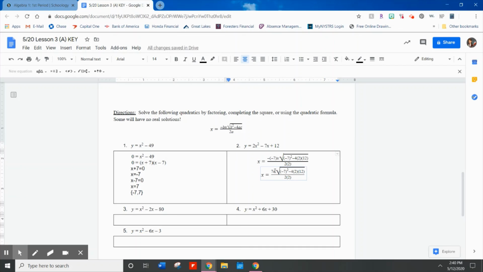I'm going to type in everything that's underneath the square root sign, but not the square root. And I get -47. And in the denominator, I get 4.